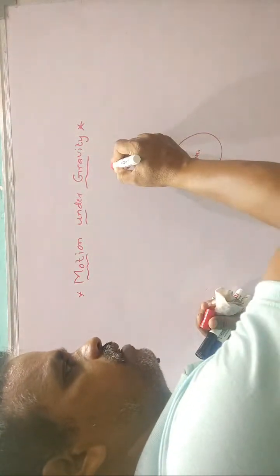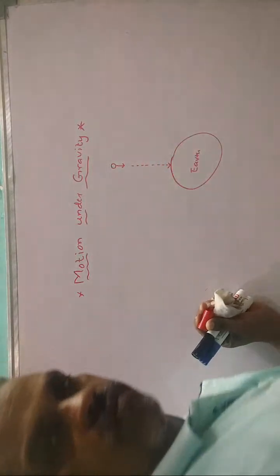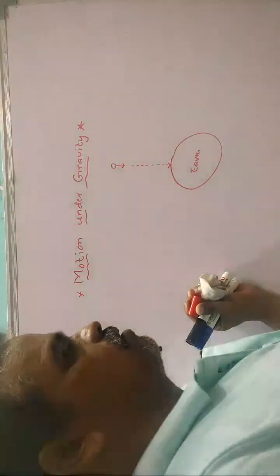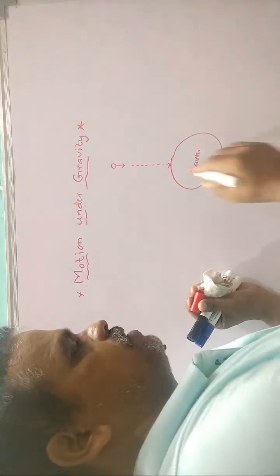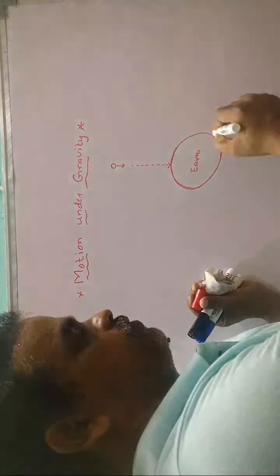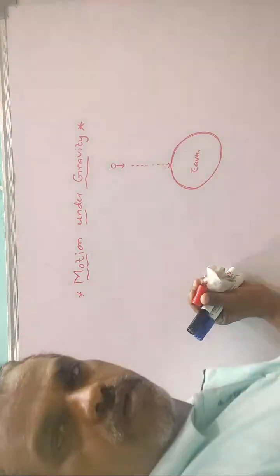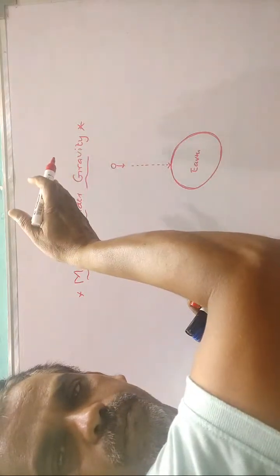If you drop anything, it will come and touch the ground, it will fall on the ground. Why is it falling? If you drop any body, any particle, it is coming down only. Why is it not moving up?